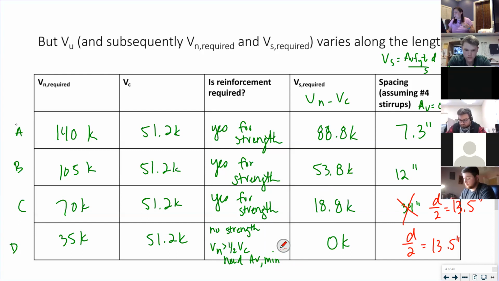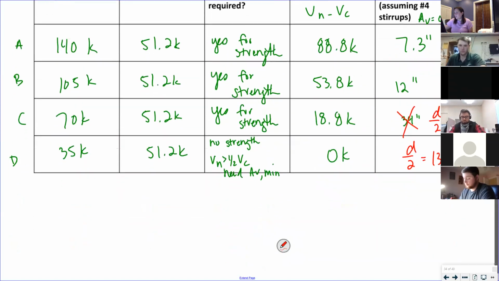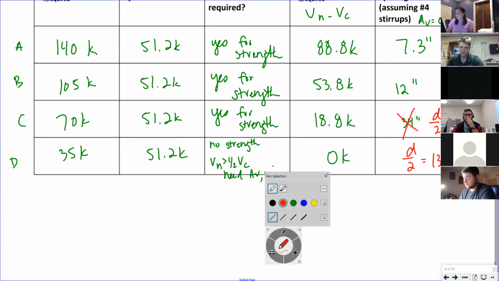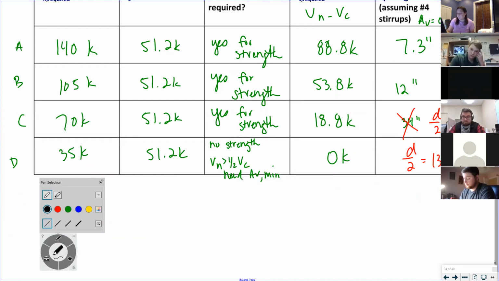So it just means I could maybe have a section where I have them spaced about 6 inches apart. And then the middle, I can space them out at 12 inches. And then 6 inches again if I can. So it kind of looks like you're looking at half the beam.